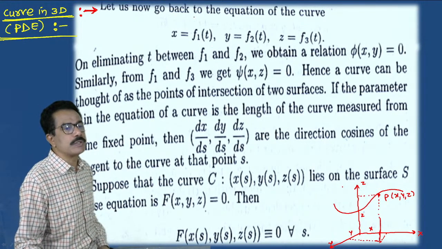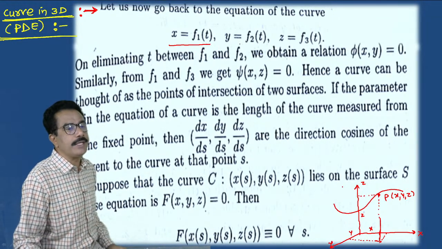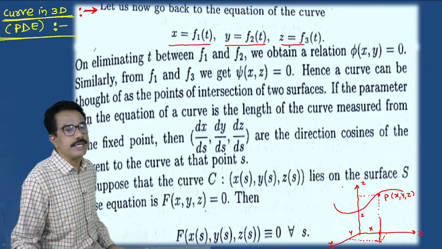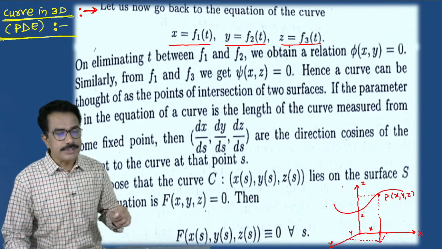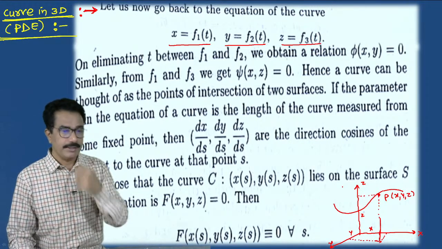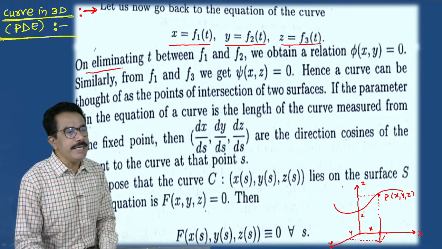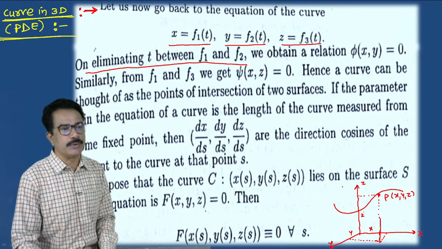So let us go back to the equation of the curve: x equals f1 of t, y equals f2 of t, z equals f3 of t. This is the equation of the curve in parametric form. Now we can eliminate t from f1 and f2.